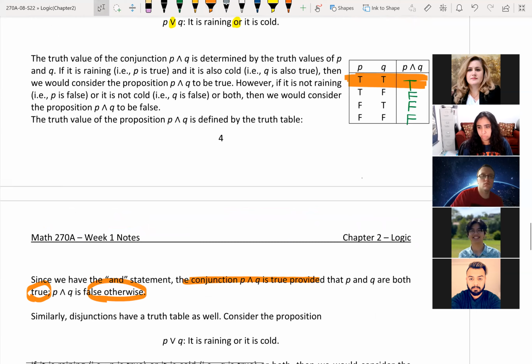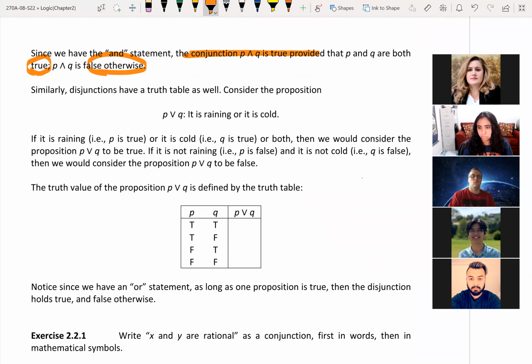And similarly for the disjunction, if you have "it's raining or it's cold", if it's both raining and cold, you are still true. Even if it's raining but not cold, still true. If it's not raining and it's cold, still true.